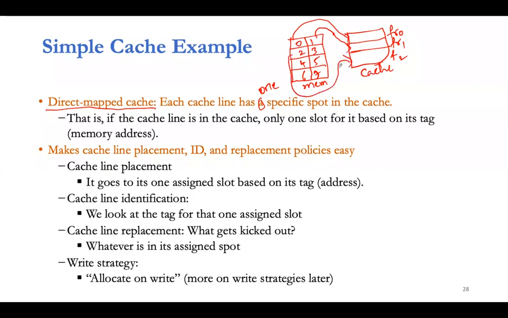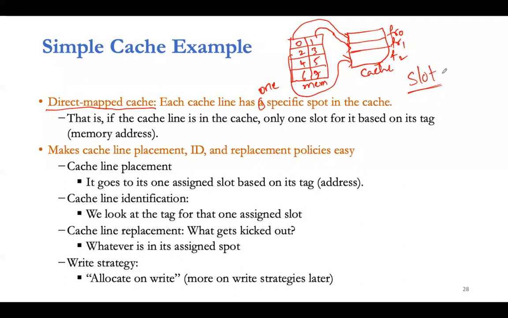So in main memory, if its address is 0, then in cache line 0 the frame will be allotted. In main memory, if its address is 1, then frame 1 is allotted. To do this mapping, there will be a slot mapping, we call it slot mapping or tag to cache mapping.